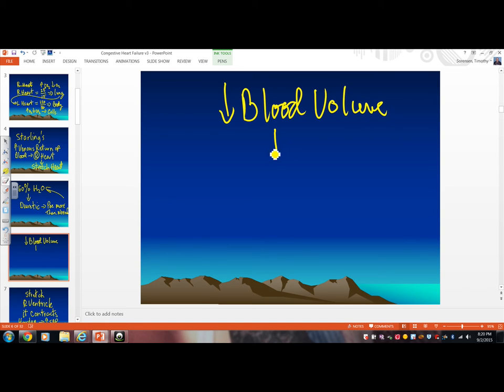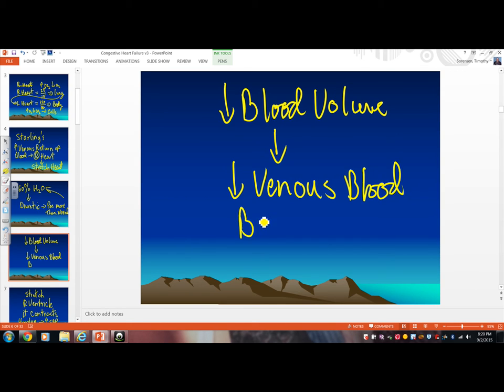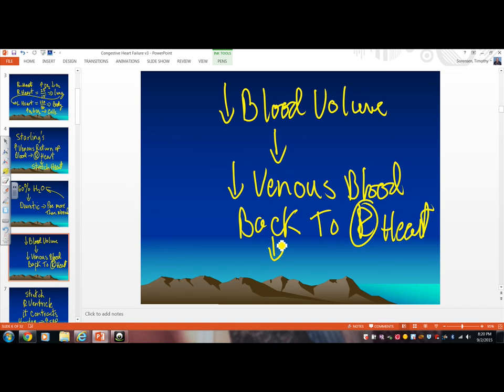If you decrease your blood volume, you will decrease venous blood back to the right heart. If there's less venous blood back to the right heart, it ain't stretched as much. Decreased stretch. Right?